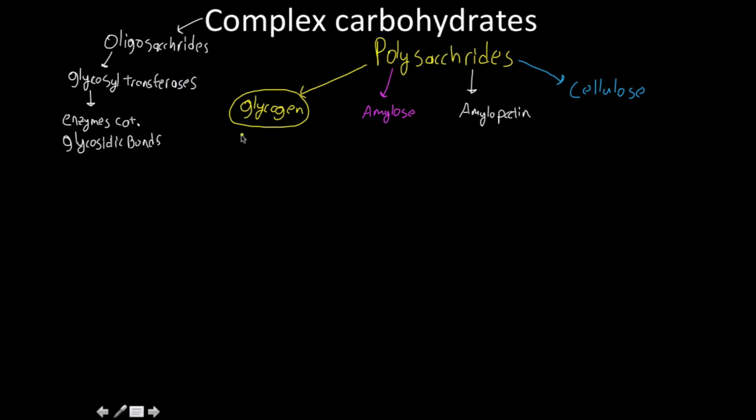So glycogen, as its name implies, is a sugar-based compound, gly, but its function is primarily for storage. Storage of sugar in animals. What are the two things that give it the ability to do this?